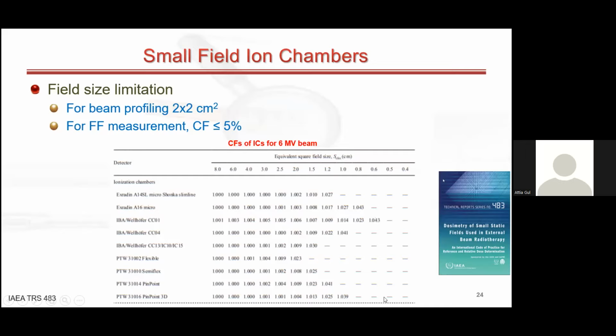For the other field sizes, the correction factors are more than 5%, and we cannot use these ion chambers in these field sizes. IBA CC01 can be used for fields down to 0.6, but our PTW semiflex, which is available in many centers, can measure field output factor only for fields down to 1.5 centimeter.